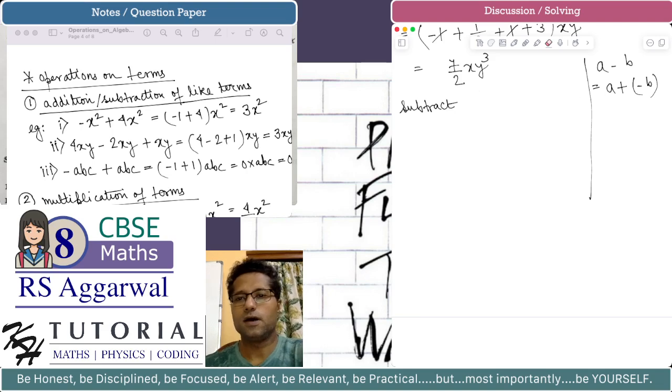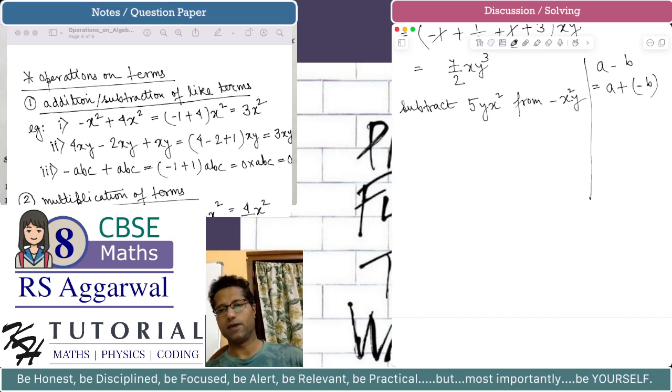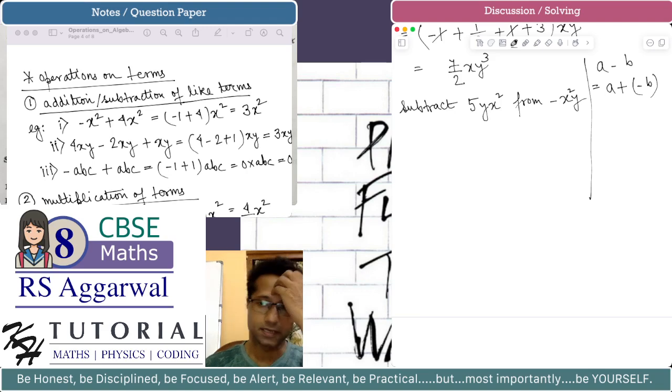So let's say you are asked to subtract 5y x square from minus x square y. So we can see that the terms 5y x square and minus x square y are like terms because they have the same literal coefficient x square y.